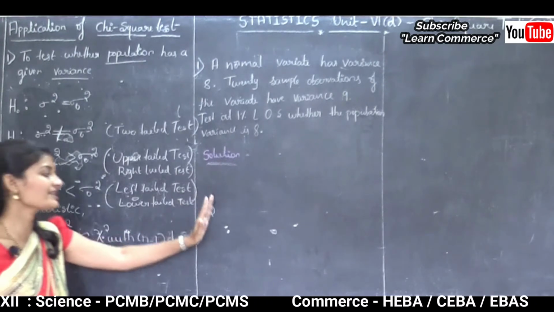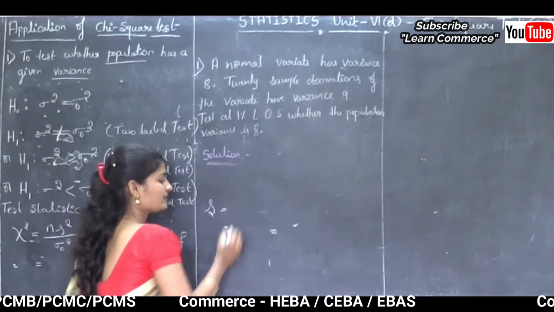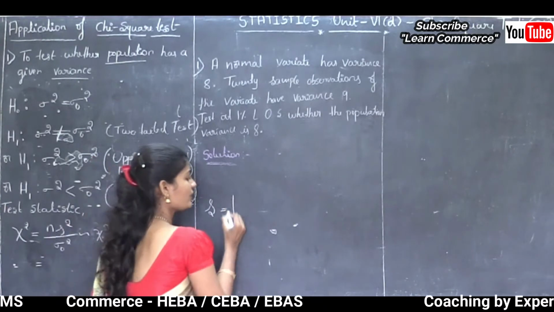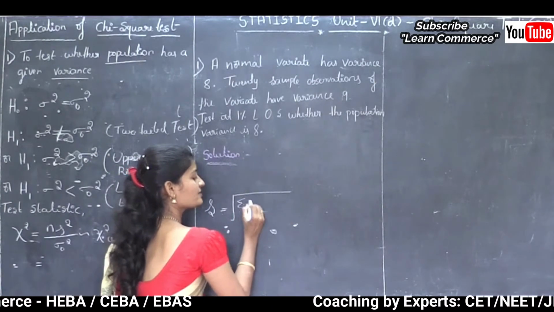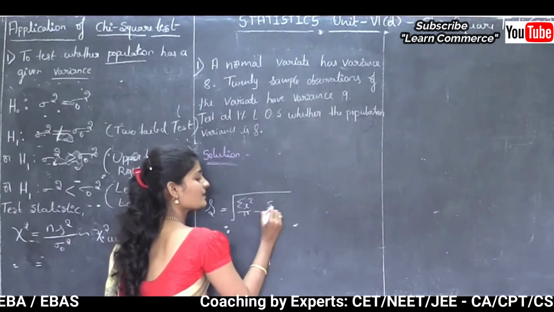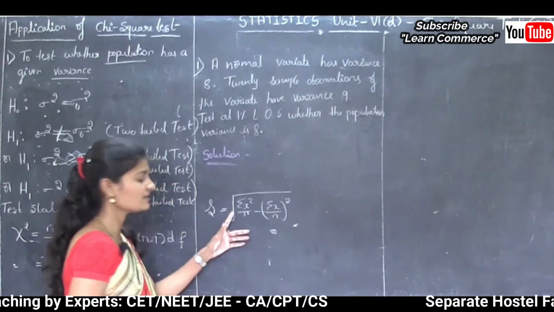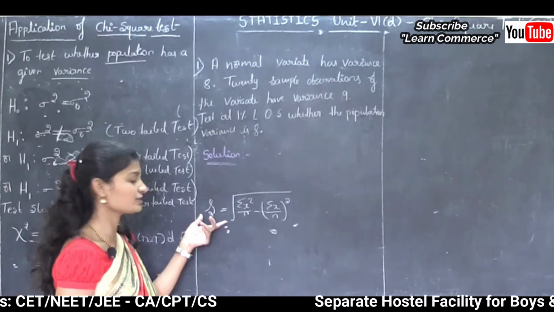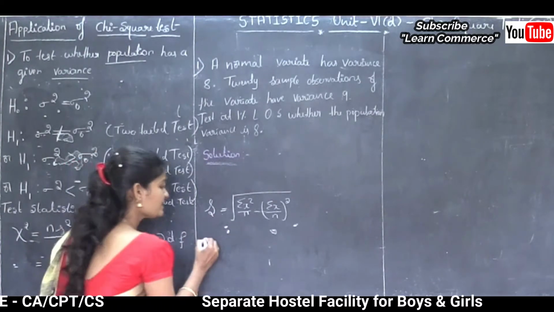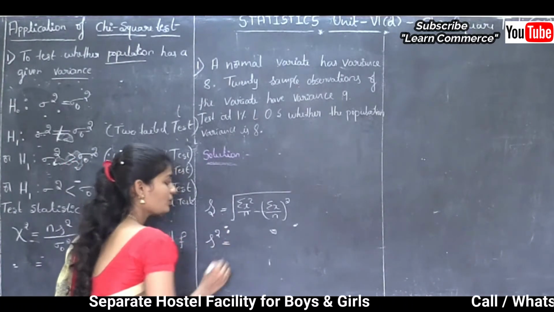We know the standard deviation formula in the sample case: s is equal to square root of summation x square divided by n minus summation x divided by n whole square. This is the formula to calculate the standard deviation of a sample.